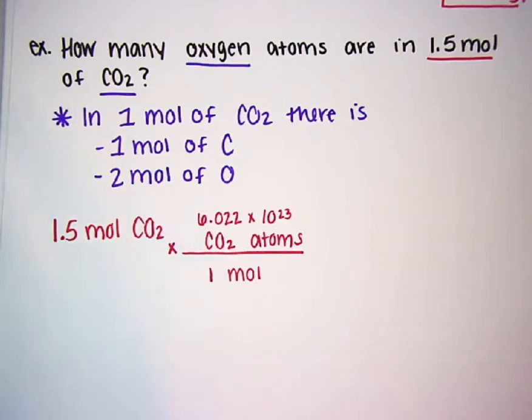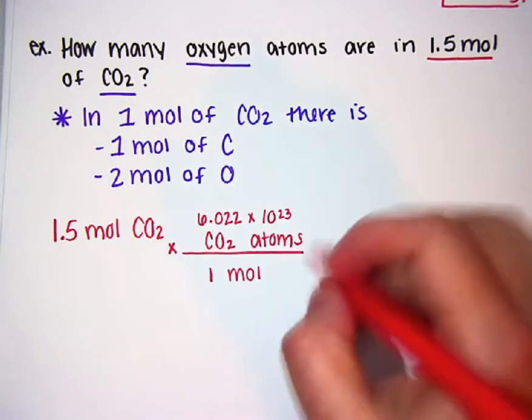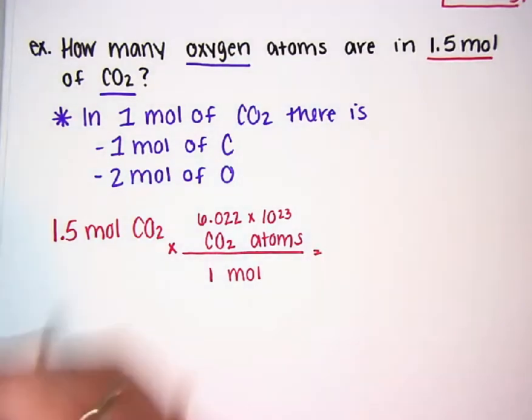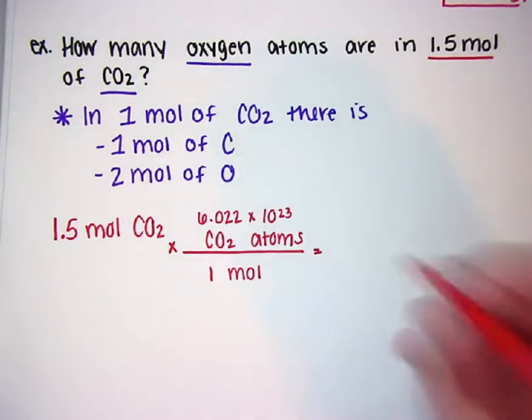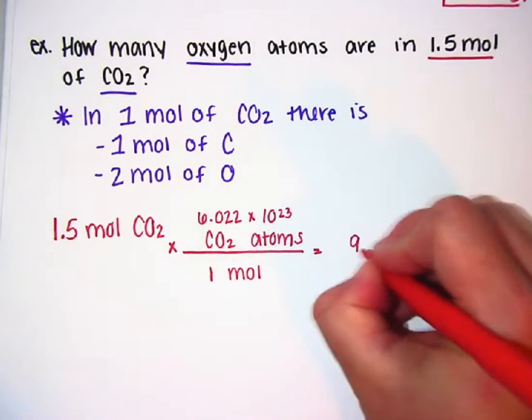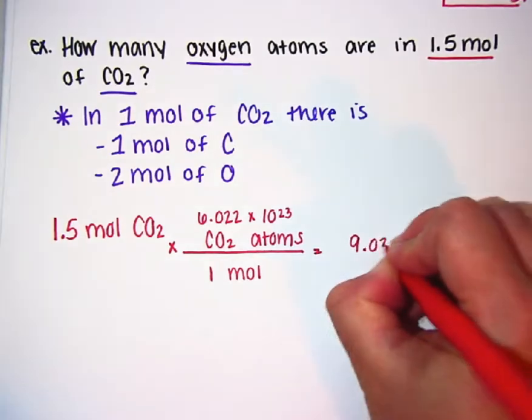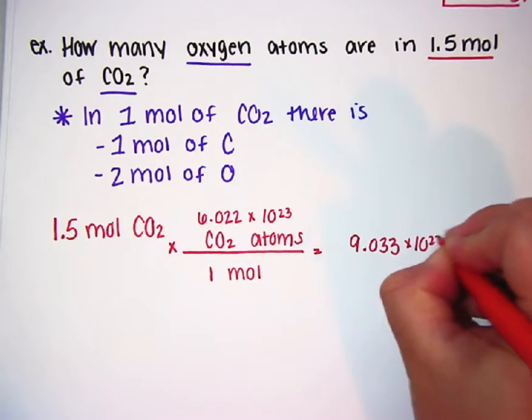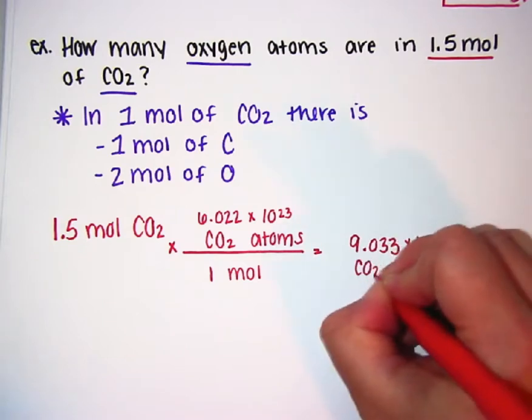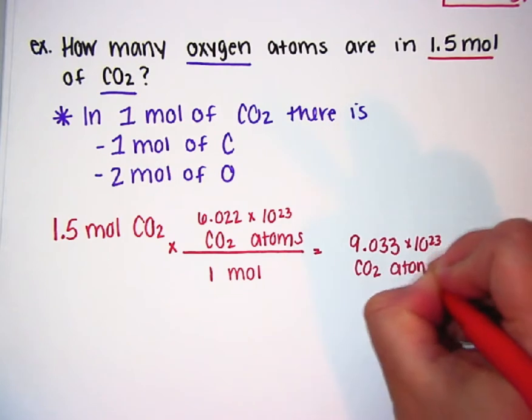So if we were to stop and solve, 1.5 times 6.022 E23, I get 9.033 times 10 to the 23rd carbon dioxide atoms.